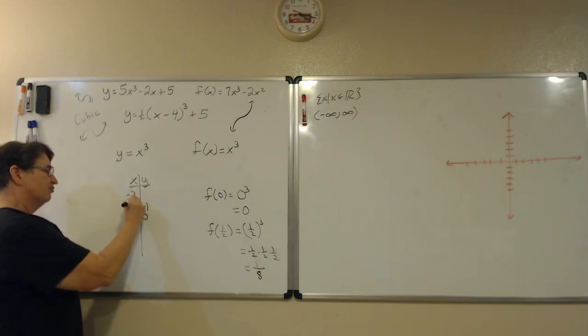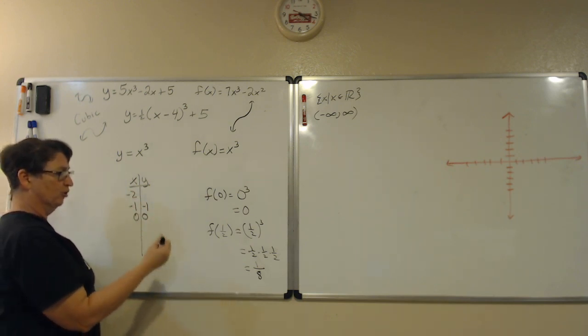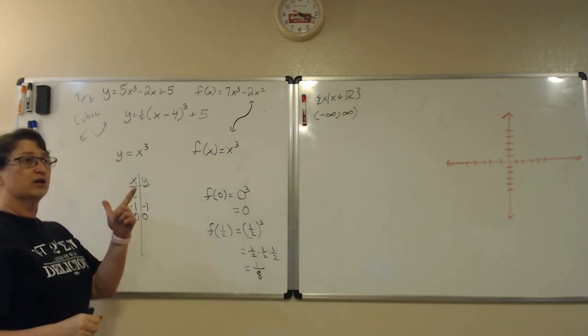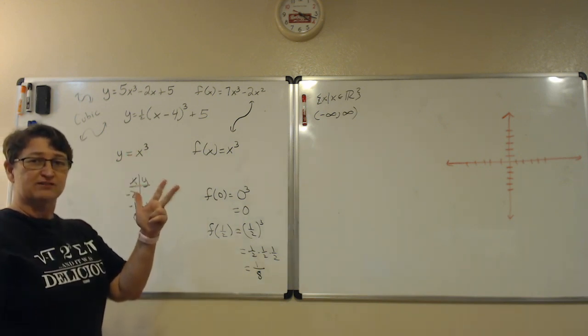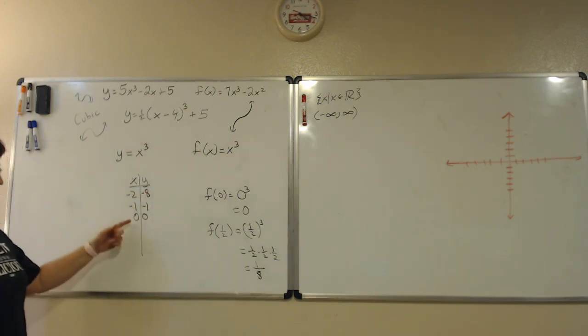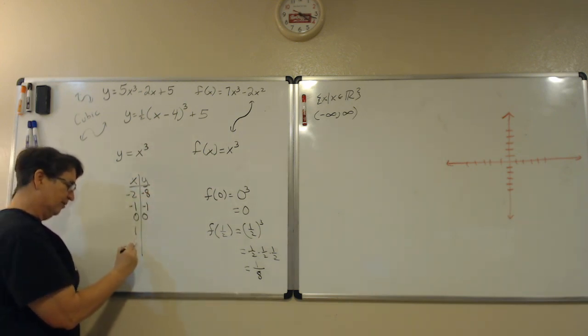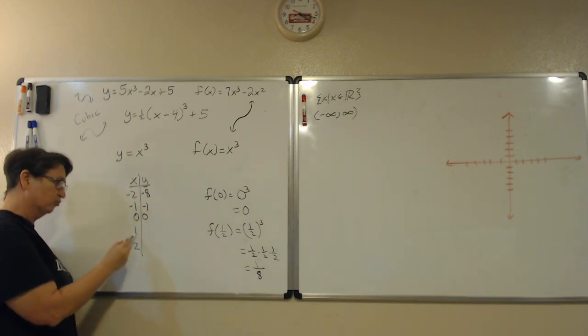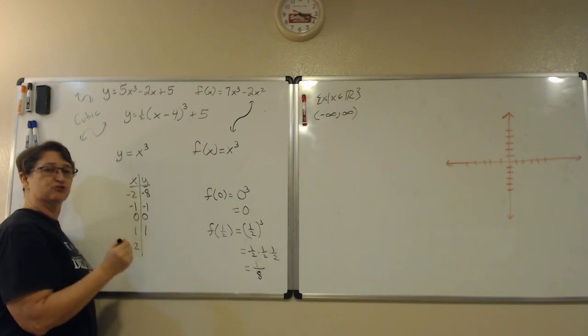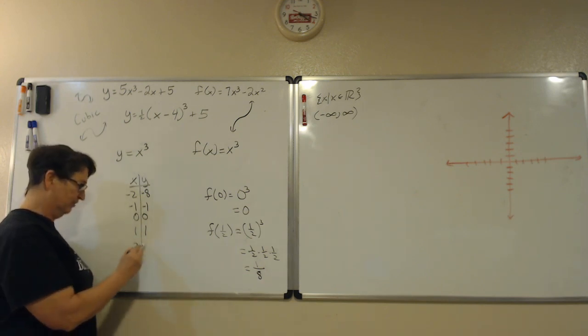So at -2, if I put in -2, well, -2 times -2 is 4, times -2 makes that a -8. On the positive end, I'm going to put in 1 and 2. 1 times 1 is 1, times 1 is 1. If I put in 2, I get 2 times 2 is 4, times 2 is 8.